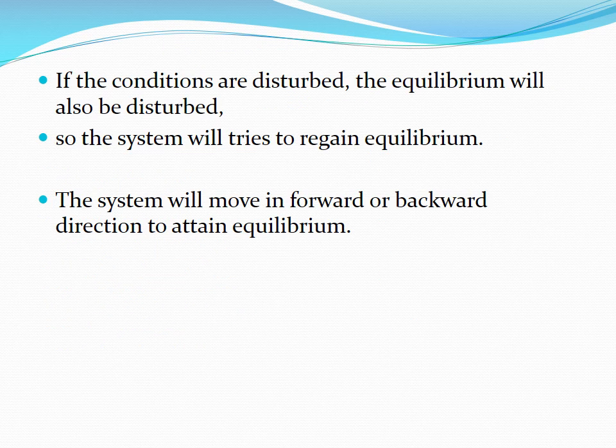If the conditions are disturbed, the equilibrium will also be disturbed. If the conditions which we discussed in our earlier slides are disturbed, meaning if we apply any of the conditions in more or less quantity, automatically the equilibrium will also be disturbed and the system will try to regain its equilibrium.